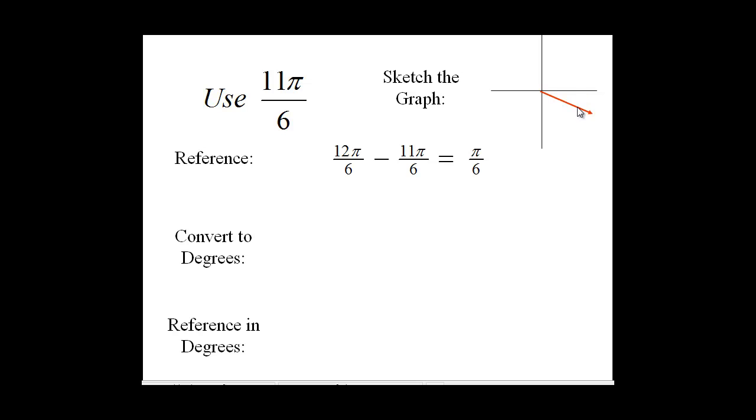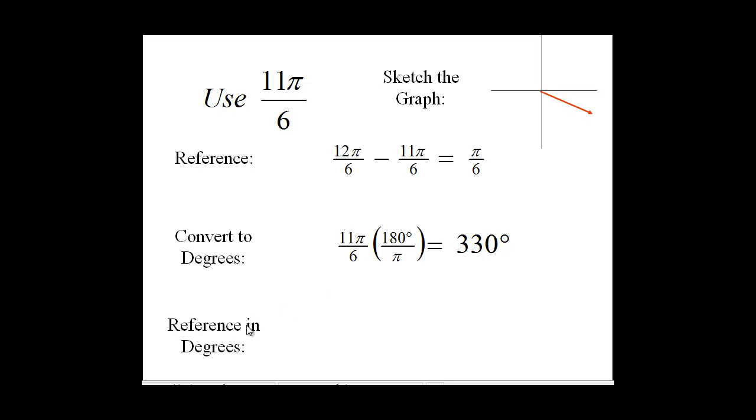One more makes 12. Okay, if I convert this to degrees, 11 pi over 6 times 180 over pi. That's my conversion. I want a degree symbol. Pi's cancel. 6 goes into 180 3 times. Should be 330.